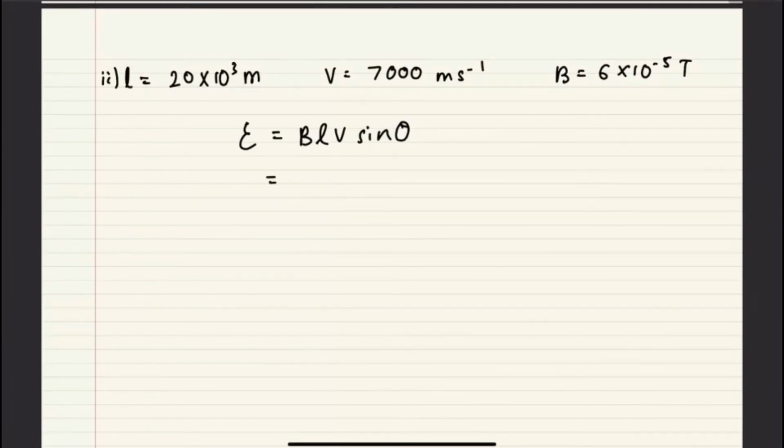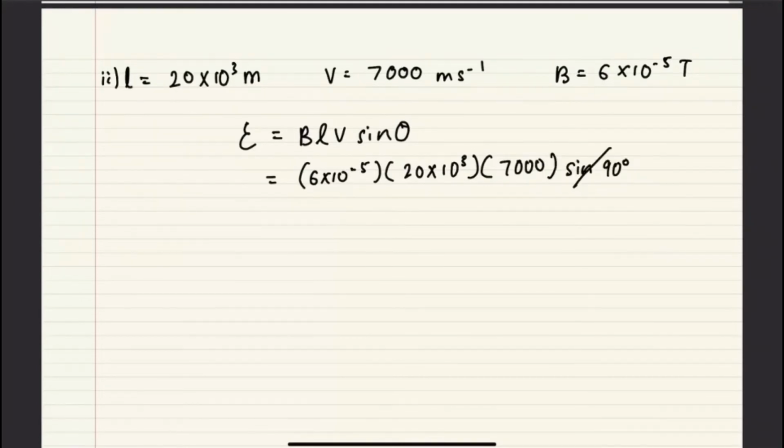So B dia adalah 6 times 10 to the power negative 5, L dia adalah 20 times 10 to the power of 3, and V will be 7,000. Sin 90 degrees is equals to 1, so you don't have to press that one. You should get 8.4 times 10 to the power of 3.